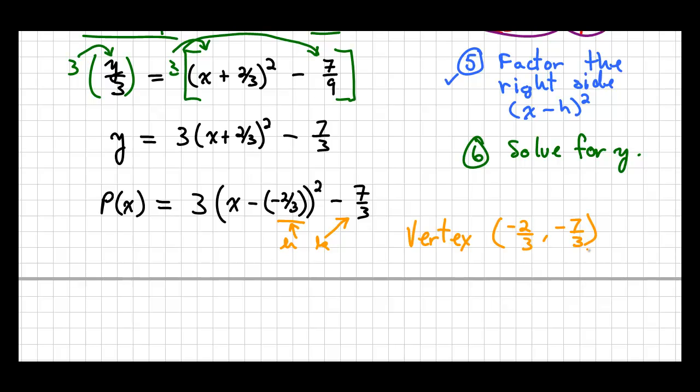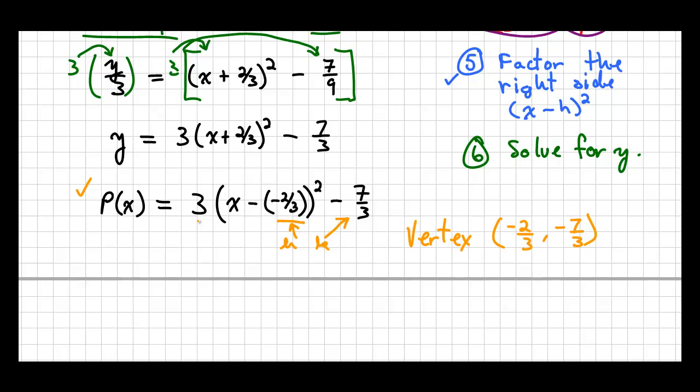Now if you want, you could go check. You could graph this in this form, in the vertex form, and you can compare it to the graph of your original polynomial function in standard form. They should match up. And if you look at this, the vertex should be at negative 2/3, negative 7/3.